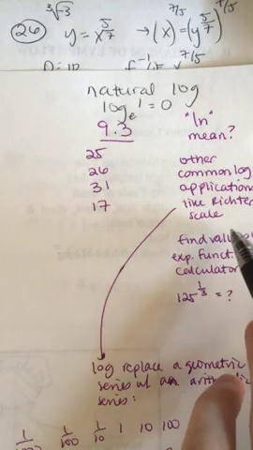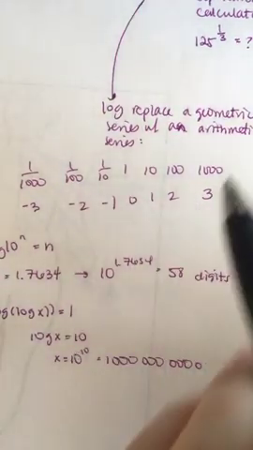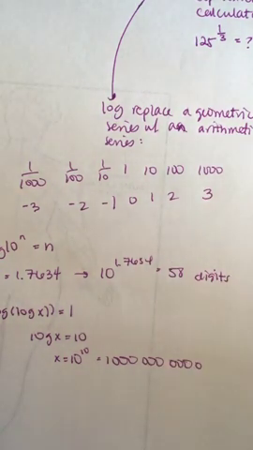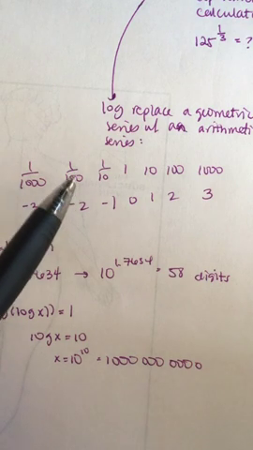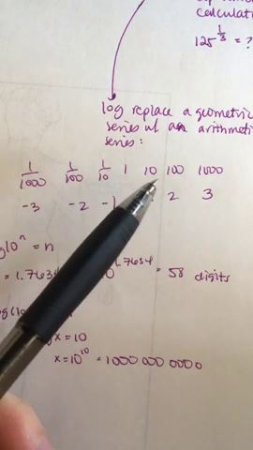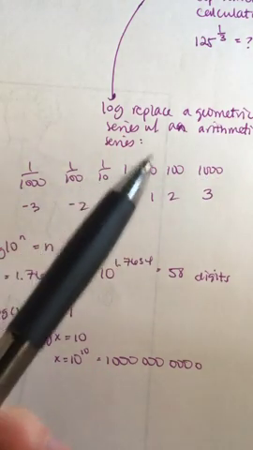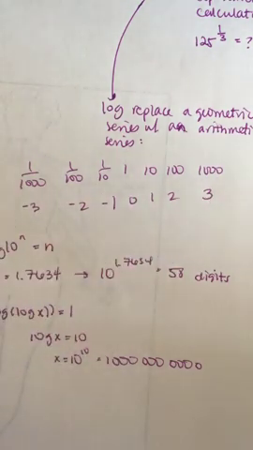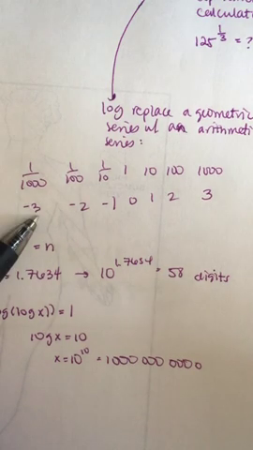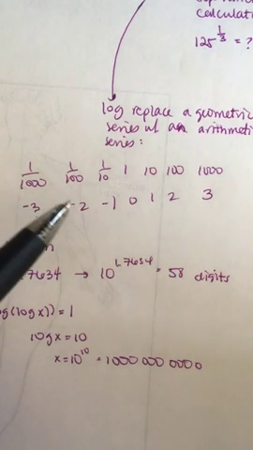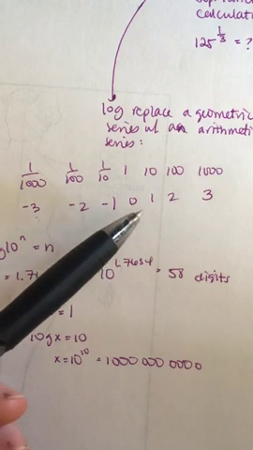Other common log applications like the Richter scale: the main idea is that a log replaces a geometric series, like 1/1000th, 1/100th, 1/10th, 1, 10, 100, 1,000, where the rate is 10. It replaces this geometric series with an arithmetic one, because this is the power, 10 to the power of -3, -2, -1, 0.